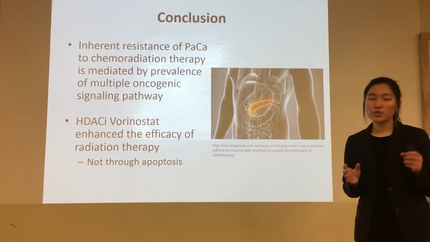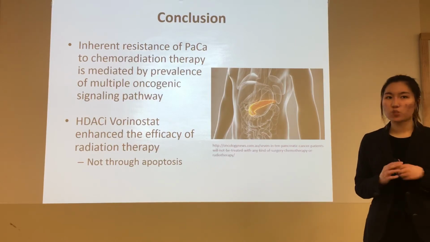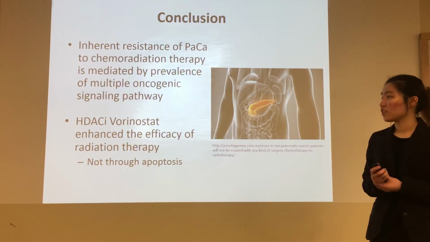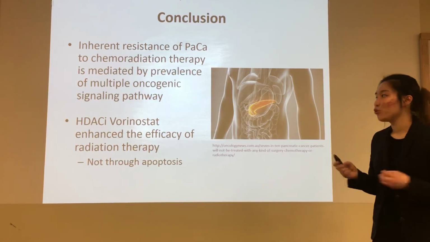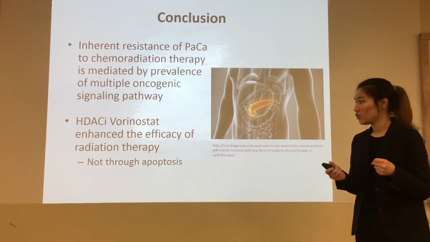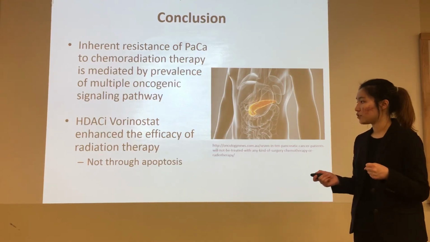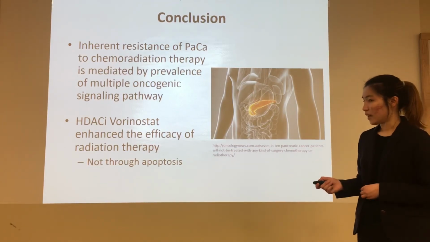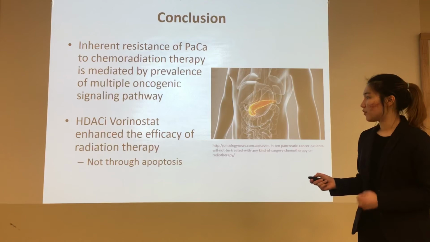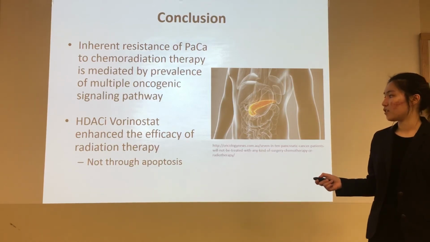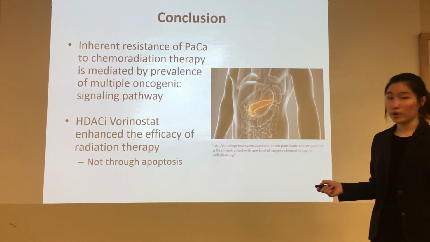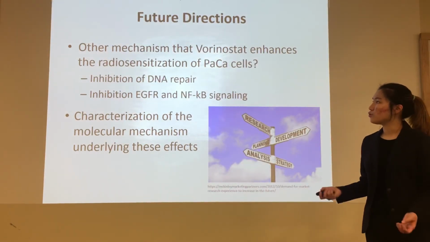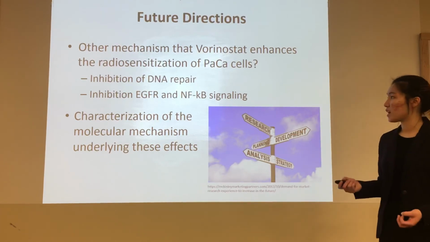Because we know that just one treatment won't be able to block these multiple oncogenic signaling pathways, the researchers combined two treatments, Vorinostat and radiation, to see the efficiency of enhancing the anti-cancer effect. And they found out that Vorinostat enhanced the efficacy of radiation therapy. However, it was not through apoptosis. Then what other mechanisms does Vorinostat use to enhance the radiosensitization of pancreatic cancer cells?